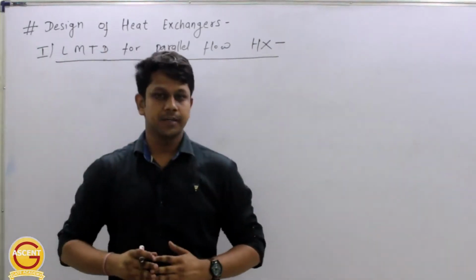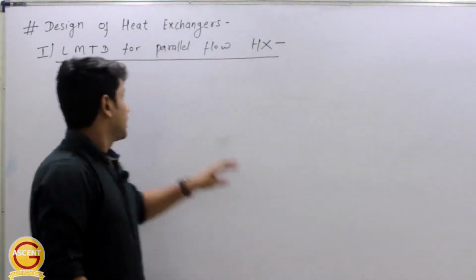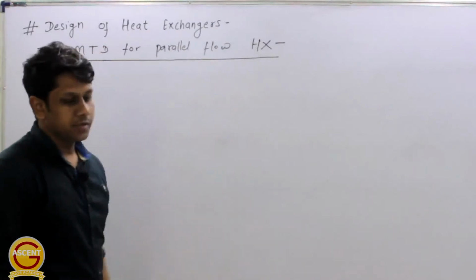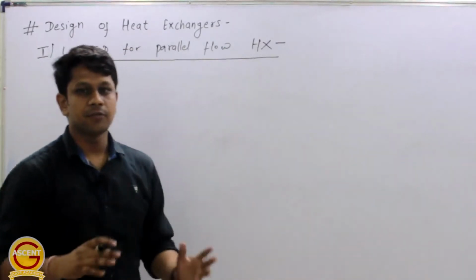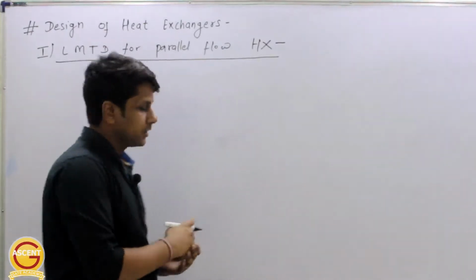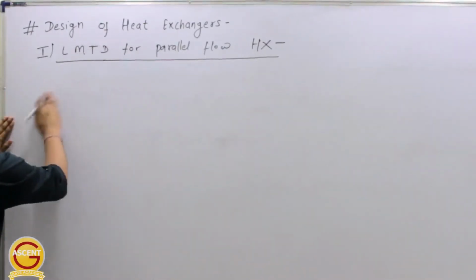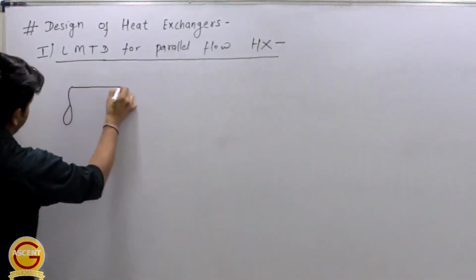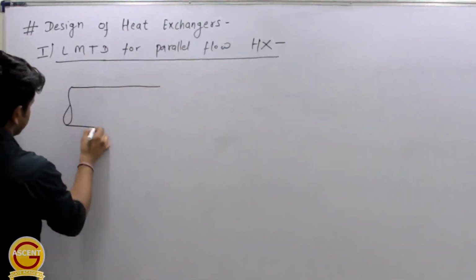So now let's start this analysis of LMTD for parallel flow heat exchanger. In our introduction we have seen in parallel flow both fluids are moving in the same direction, right? So let's say this is a pipe, and inside this pipe our hot fluid is flowing.